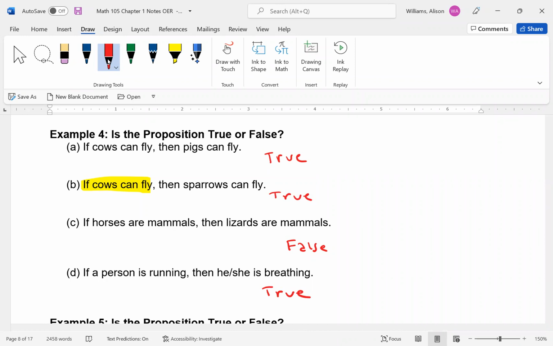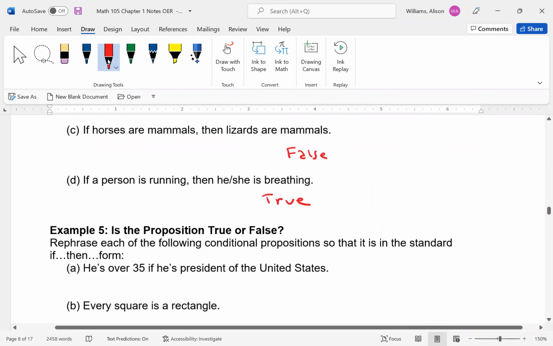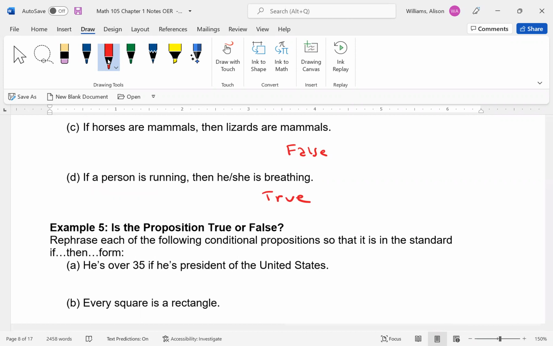All right. So let's look at some combo propositions, statements that don't say if-then, so we're going to make them into if-then. He's over 35 if he's president of the United States.